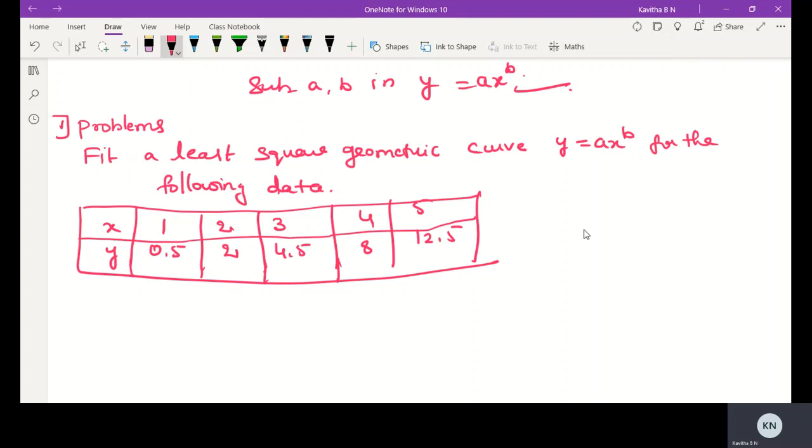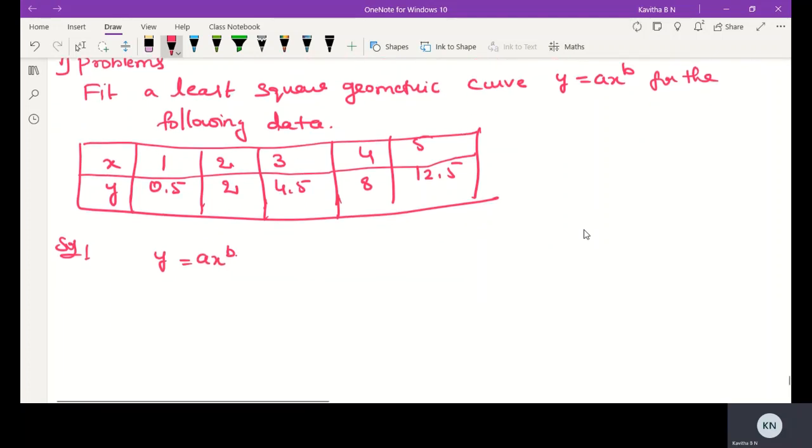Here the equation is y is equal to a x to the power of b. Taking log on both sides, log y base e equals log a x to the power of b base e. Use the formula log m n is log m plus log n.